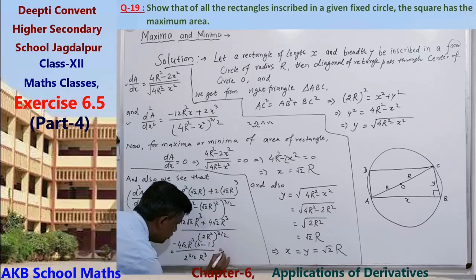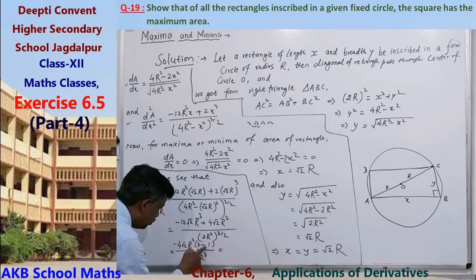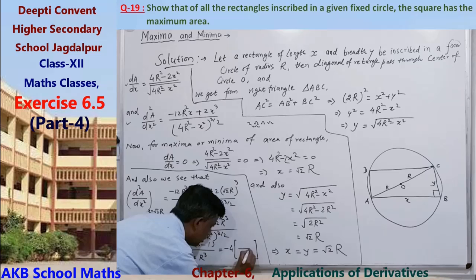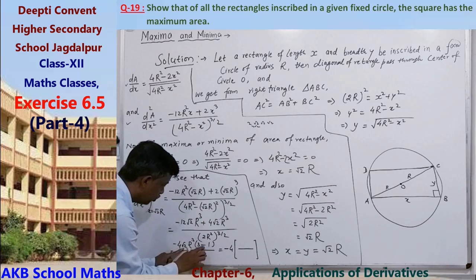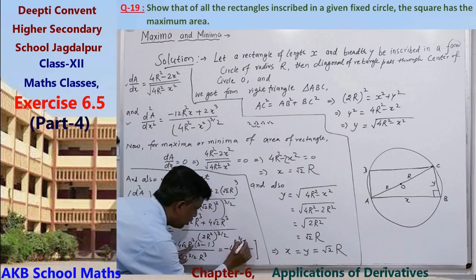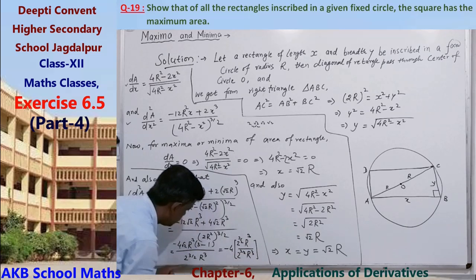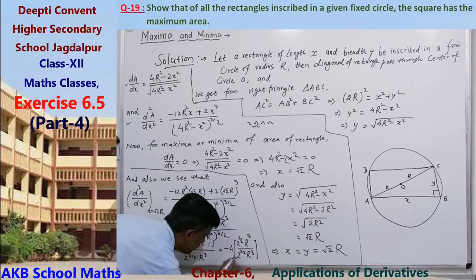Now this is equals to, we can write 3 minus 1, 2. Okay. So here minus 4 root 2, 2 power 3 by 2 r cube. That is cancelled out. Equals to what? Minus 4. Equals to minus 4.